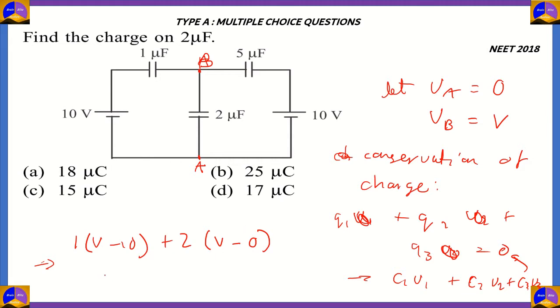And then you will have the third capacitor, 5, where the change in potential from B, that is V, passing through the battery is minus 10. So 1 times V minus 10 plus 2 times V minus 0 plus 5 times V minus 10 is equal to 0, according to the law of conservation of charge.